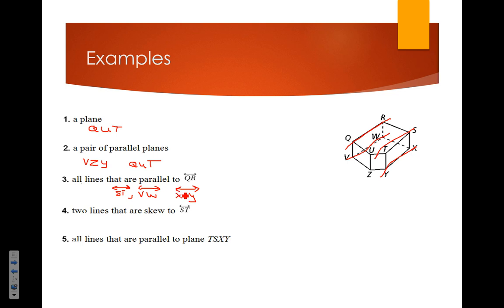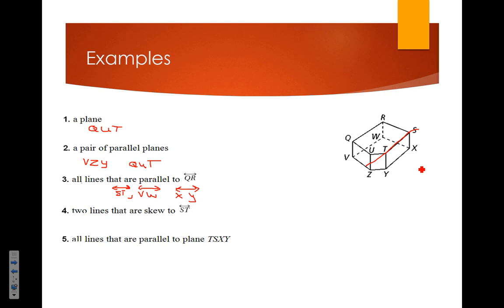Okay. 2 lines that are skew to ST. Let's erase these lines so that we can see a little better. So 2 lines that are skew to ST. ST is that front leading side there, this side right here. Okay.